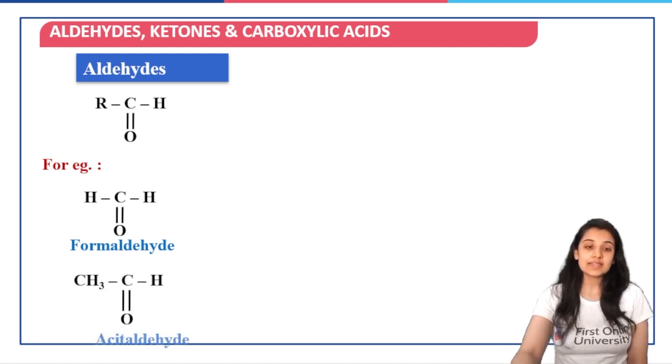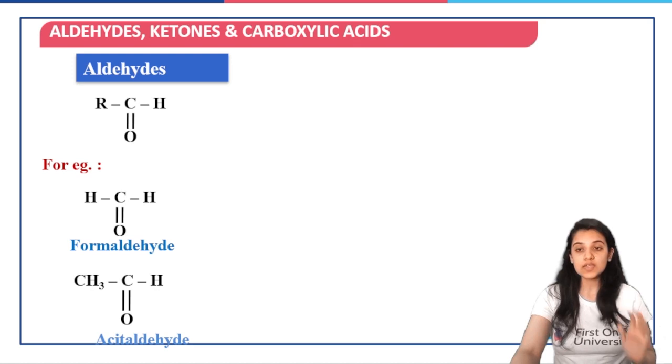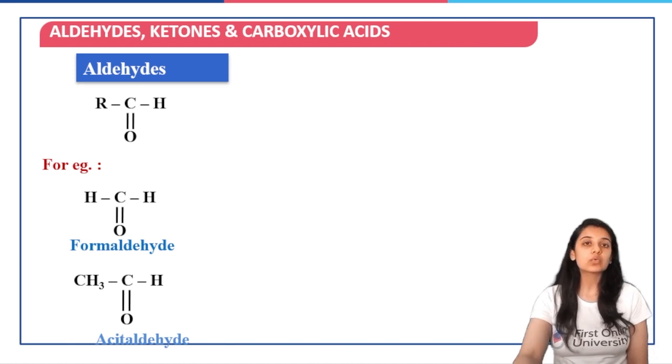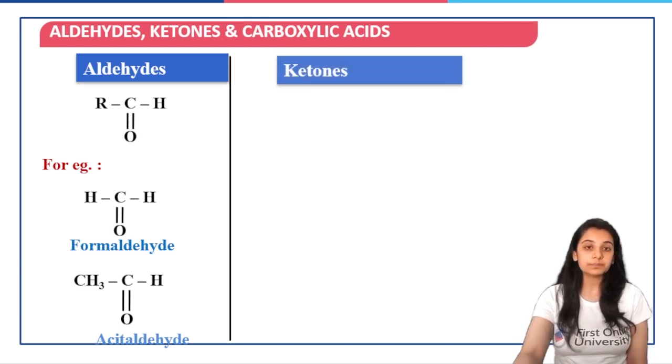Then we can have acetaldehyde. Remember, it's not ACI in the spelling of acetaldehyde, it's ACE. It's been wrongly mentioned here. So the second in the series of aldehydes is acetaldehyde, where we have one CH3 and one hydrogen attached to the carbonyl carbon.